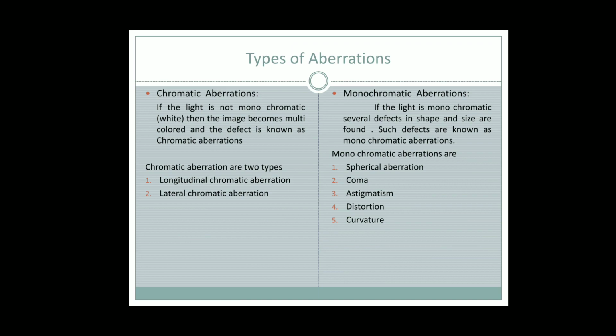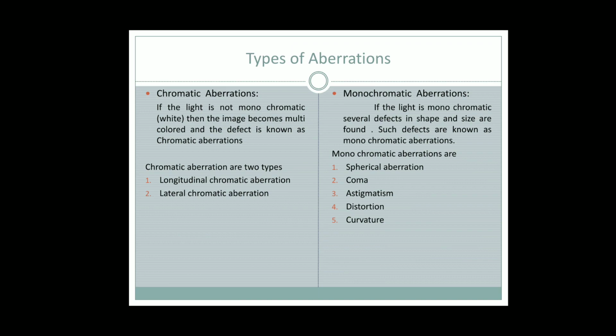This kind of aberration is called chromatic aberration. So if the light is not monochromatic, then the image becomes multicolored and the defect is known as chromatic aberration. There are two types of chromatic aberration. One is longitudinal chromatic aberration and the second one is lateral chromatic aberration.